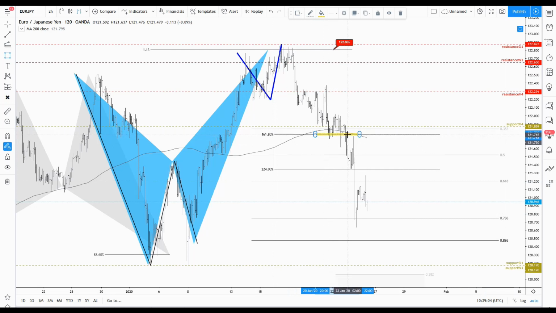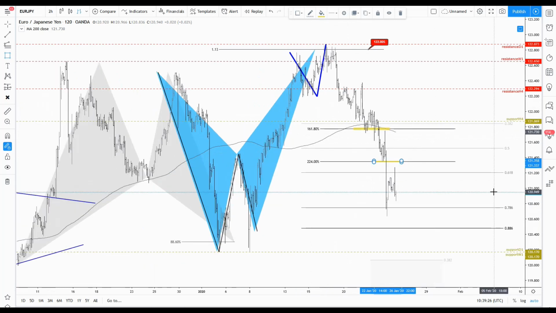Then it transformed into a resistance, and the 224% fib again, small support there, actually reinforcing the retest of the previous Fibonacci level and the previous structure support, and then a fall into those Fibonacci retracement levels. So the 78% fib was the level that the market has chosen to find some decent support, at least that's what we have at this point.